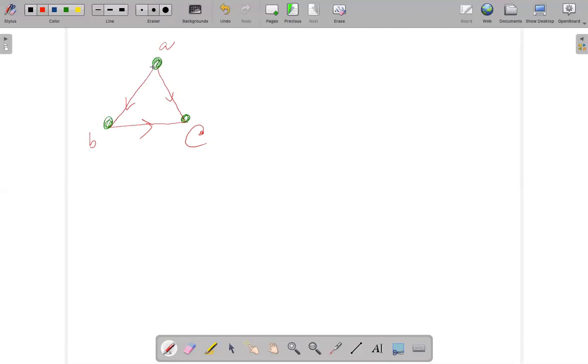So there is an edge from A to B, but there is no edge from B to A back. Similarly, there is one edge from B to C, no edge from C to B back.